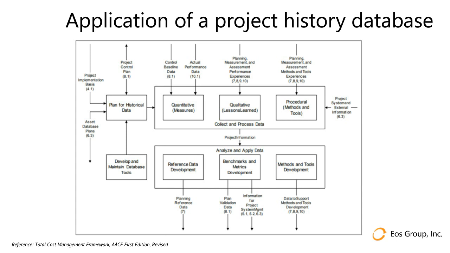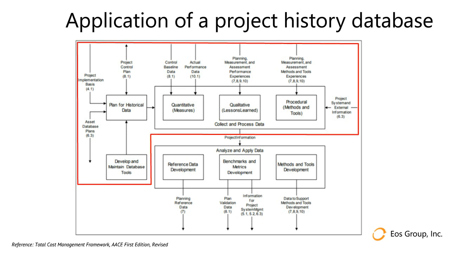So back to our Excel discussion, it can be very cumbersome or require a specialized individual or data scientist type of person to establish a history database that's simple, where it's easy to collect the data, and it's managed consistently throughout your organization. So I want to make a note of the importance of developing those standards, and the planning for that data, both of qualitative and quantitative information, as well as procedural information, to the entire process.